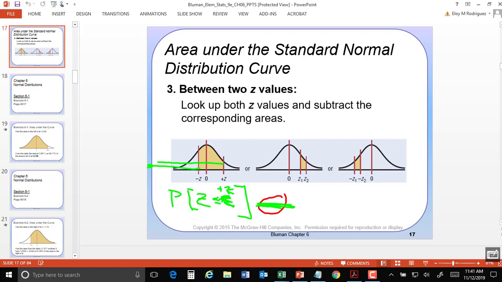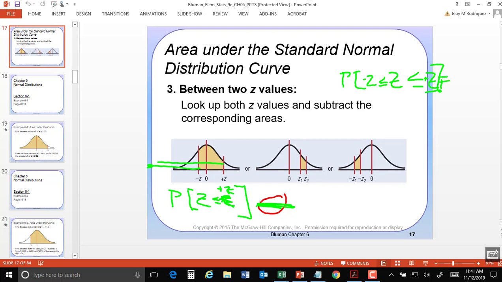You see, I have this area, which is less than this area. But to get the interval, it's going to look like this. I want to know what is the probability that the random variable z takes on a value less than or equal to z plus and greater than or equal to z minus. That's what I'm looking for when I'm doing the interval, right? So you can think of this as 2 problems.